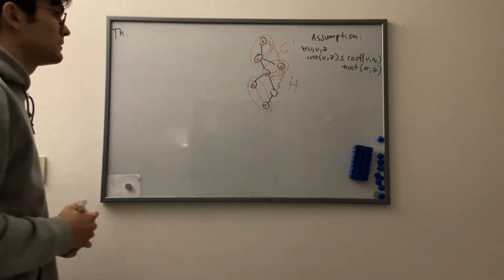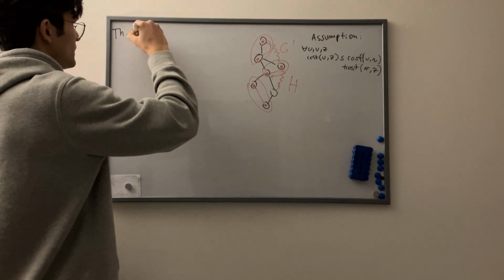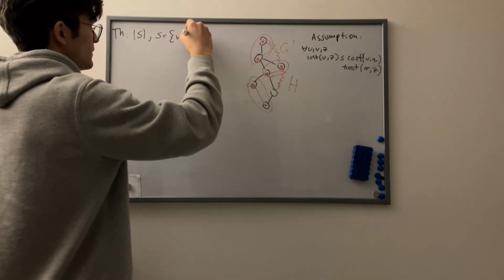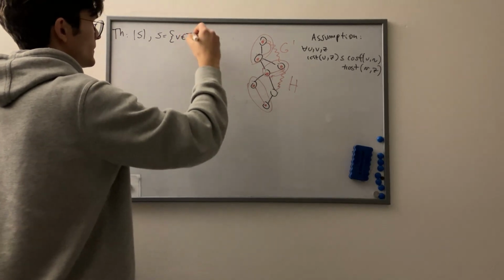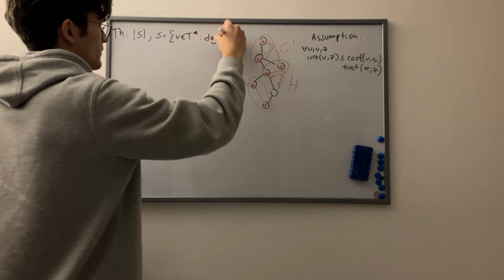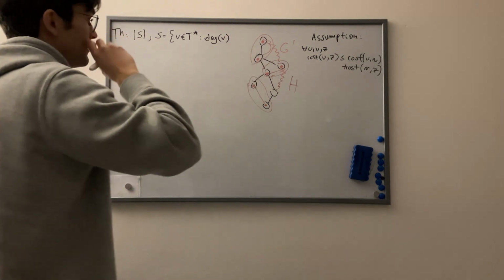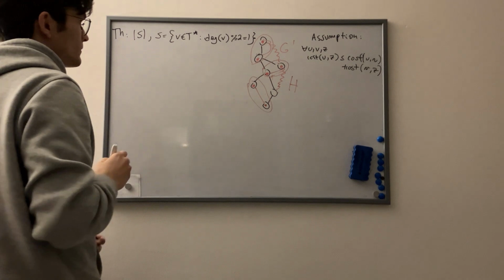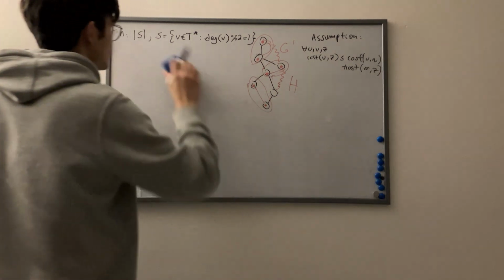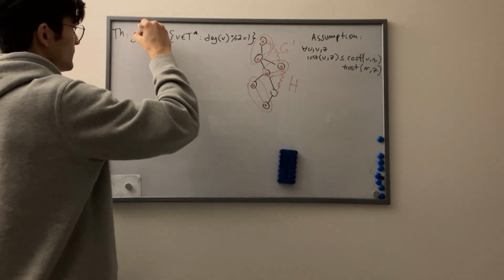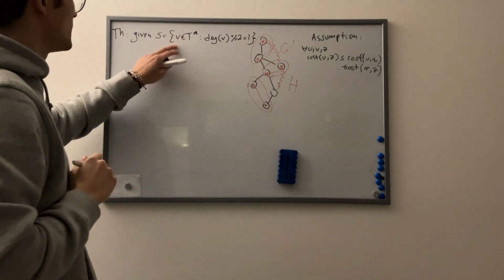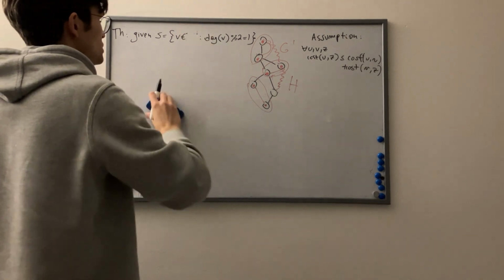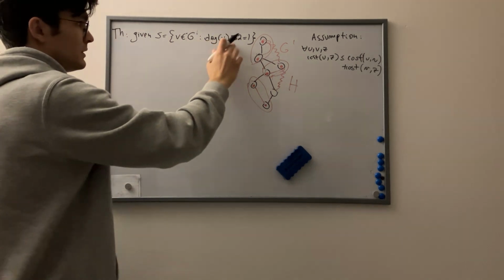I'm thinking about how to write it formally, but given this S, it is a set of nodes belonging to our graph G, where the degree of that node is odd.